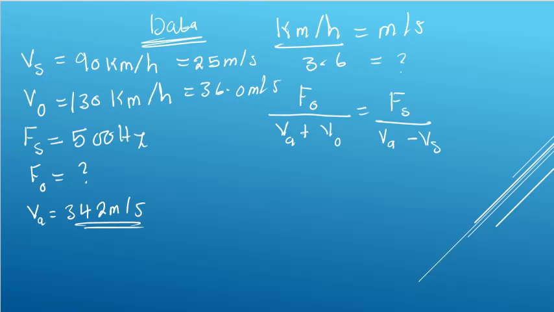In this case we're finding FO. So we have 342 plus, what is the velocity here? The velocity is simply 36. That will equal to Fs, which is 500 Hz, over 342 minus 25.